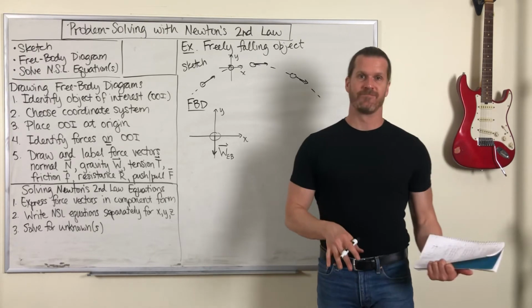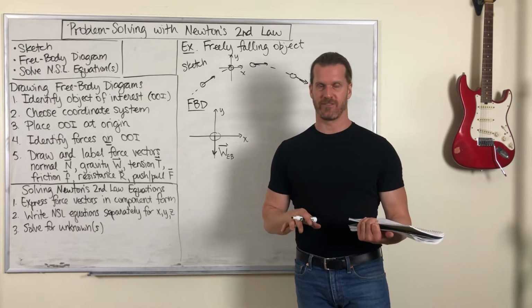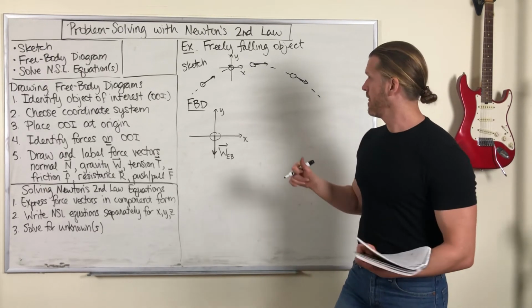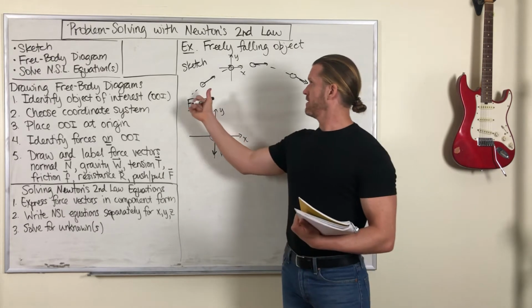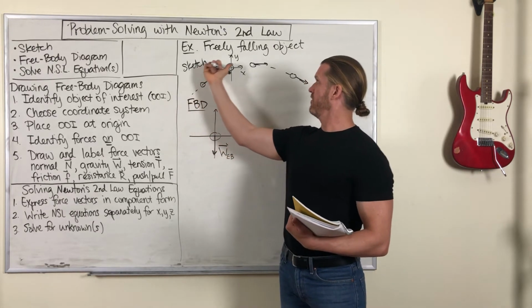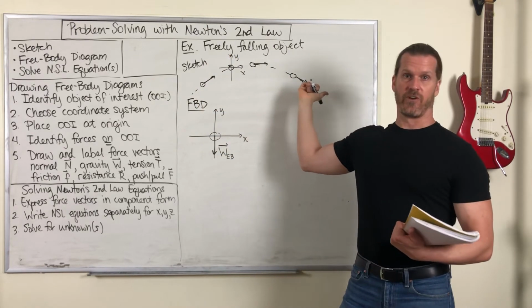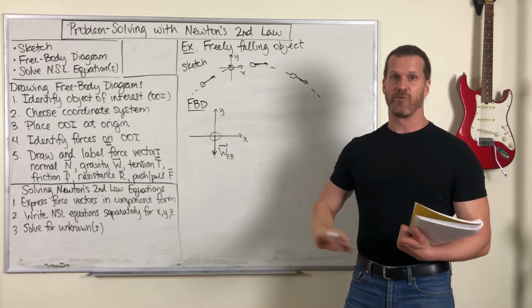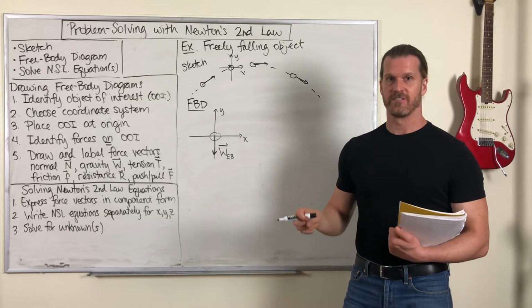Now I want to point out something about the situation that sometimes students get confused about. Even though the ball has a horizontal velocity, even though it's moving in the x direction, there's no force in the x direction.